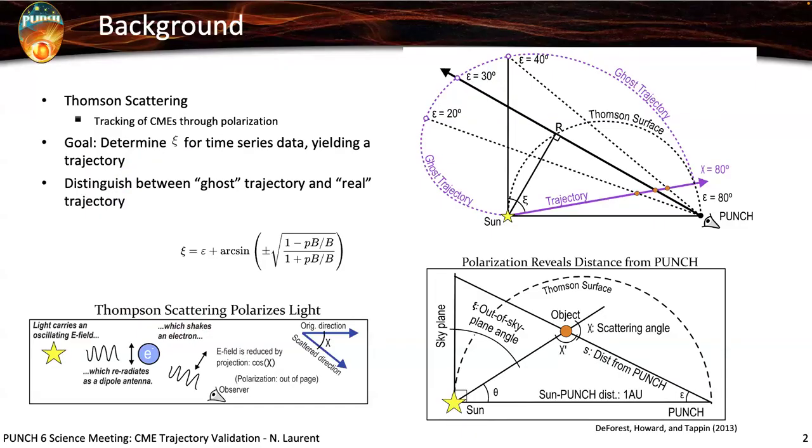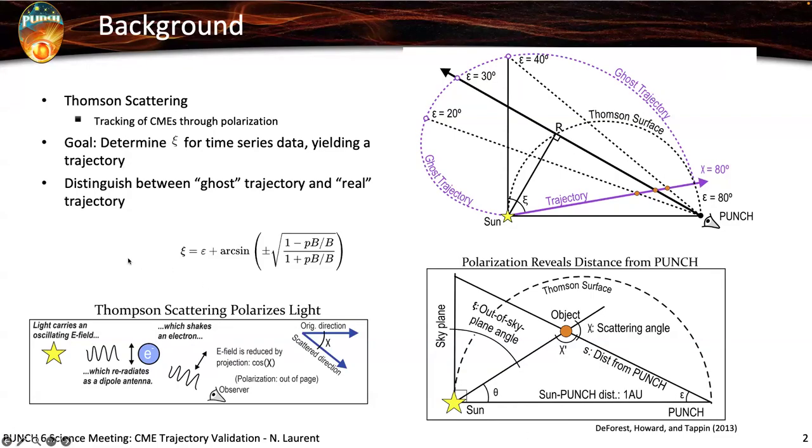Okay, so you've heard a lot about this already, but we use Thomson scattering to determine the position of a CME through the polarization ratio. So that's the equation that you see down here.